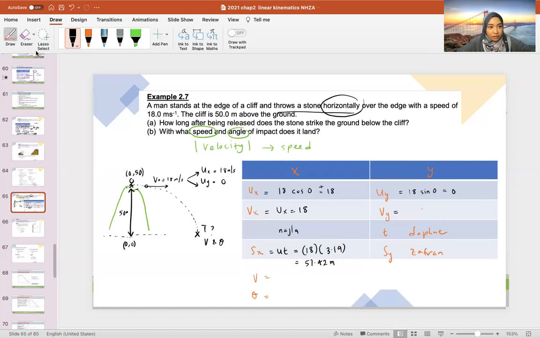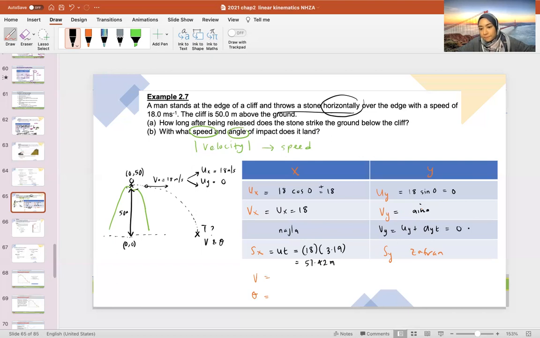Okay. And then Daphne dululah. Kita tengok Daphne buat time macam mana. Sorry, VY tadi siapa? Aina. Aina tak ada. Okay. Daphne dulu. Okay. Daphne, macam mana cari time? Vy equals to Uy plus Ayt. Okay. So this would give you 0, right?